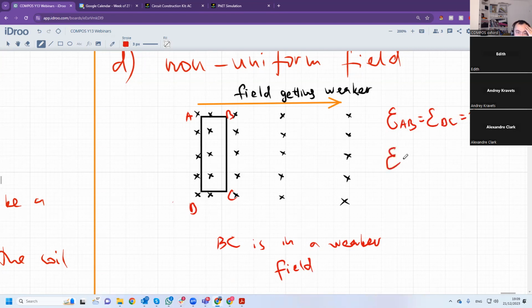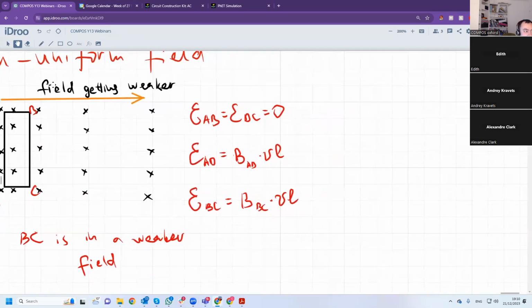But EMF in AD is equal to BAD multiplied by VL, and EMF in BC is equal to BBC multiplied by VL.